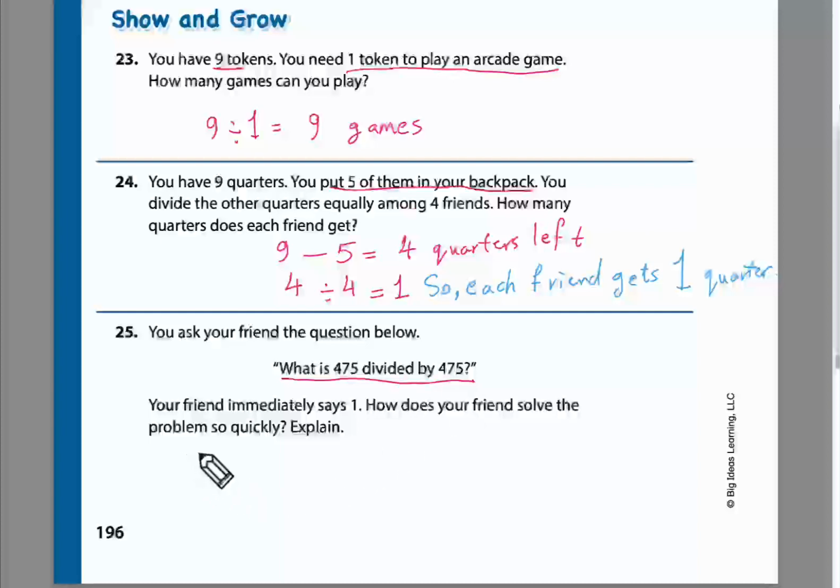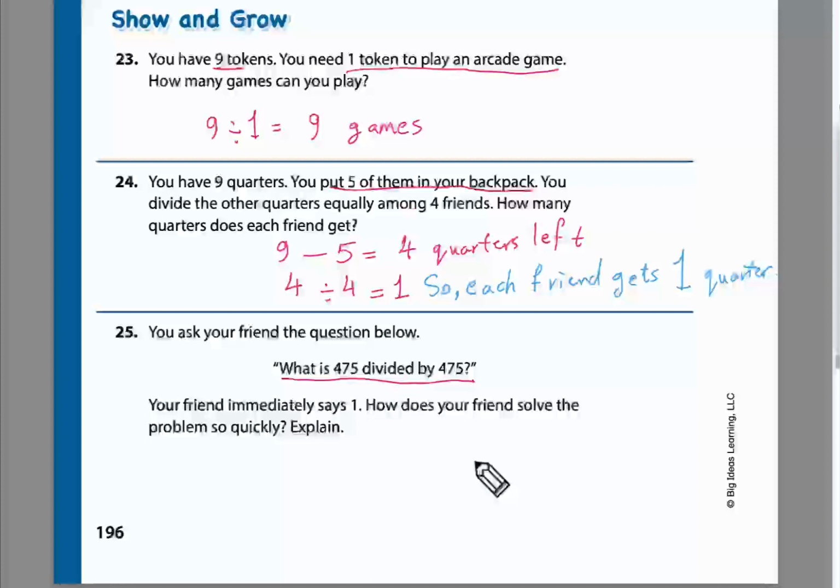Your friend says 1. How does your friend solve the problem so quickly? Explain. Okay, so you ask your friend and his answer was a quick answer. He says 1 directly. Why?